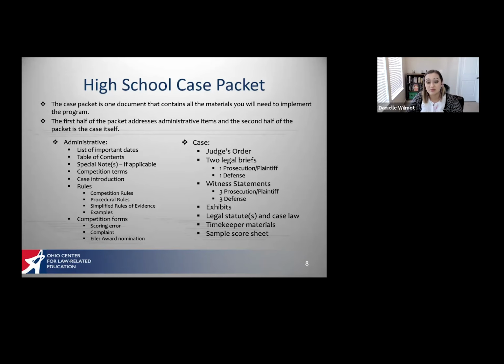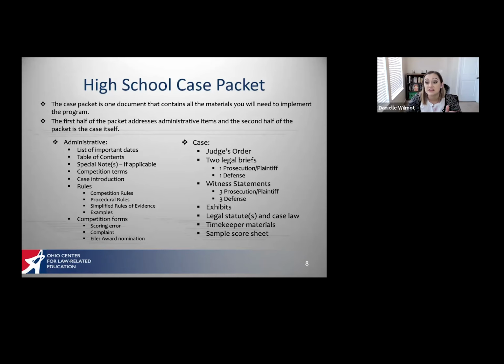And what I want to say before I get into the actual case itself, we will have a separate session on previewing the case and organization, but it's important to know that the way we include information in the case packet, so everything in the case itself, is included because it's logical to put it in a document that way, but it does not necessarily mean that's how you should work through the case. So you don't have to read this case packet cover to cover.